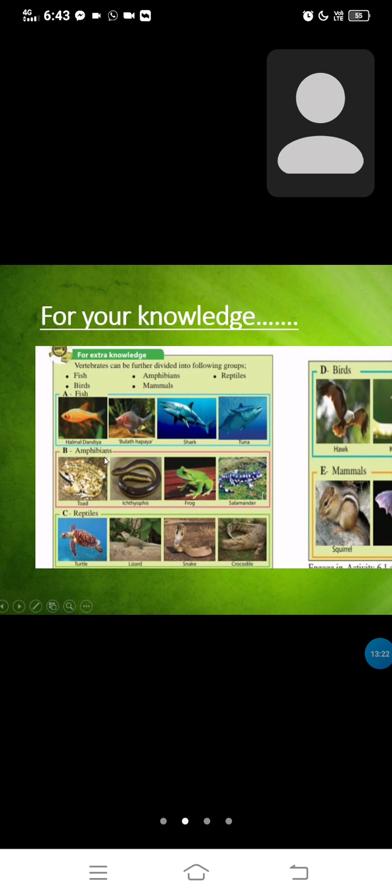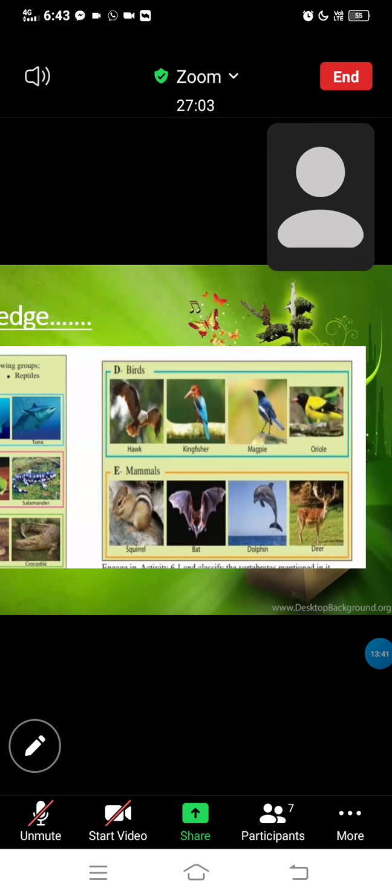And next, amphibians. Examples for amphibians: toad, frog, salamander. Here you can see the pictures of these amphibians. Next, reptiles: turtle, lizard, snake, and crocodile. Here you can see some pictures of reptiles.